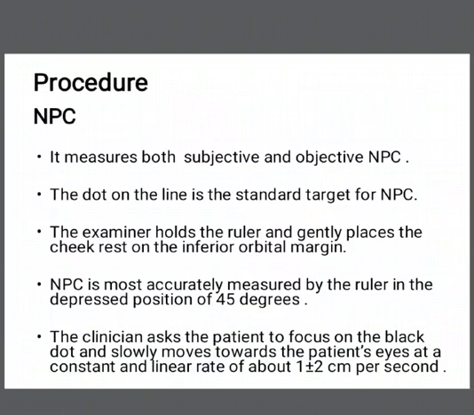Near point of convergence is accurately measured by the ruler in the depressed position of 45 degrees. The examiner then asks the patient to focus on the black dot and slowly moves it towards the patient's eye at the rate of 1 to 2 cm per second.